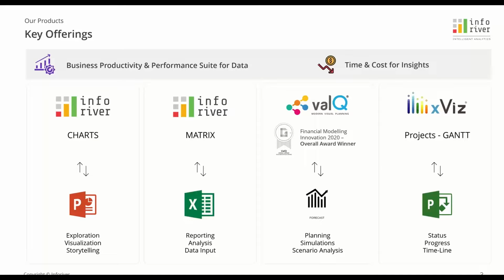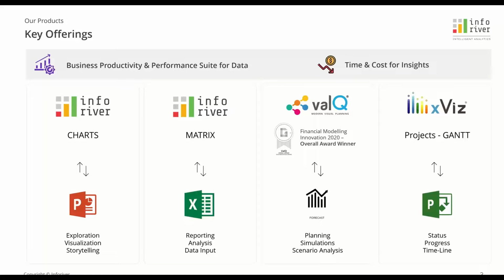What are some of our top Power BI data applications that you can download from the Power BI app source? Some of you are very familiar with our XVIS for our project management Gantt chart. A lot of you might have known Valcue, which won the Financial Modeling Innovation Award for advanced planning, simulation, and scenario analysis.